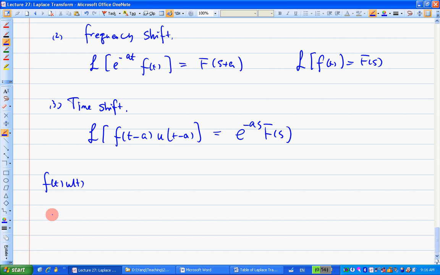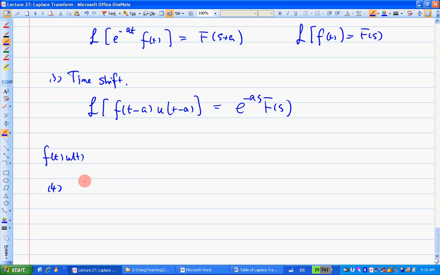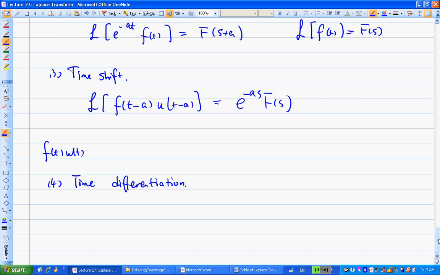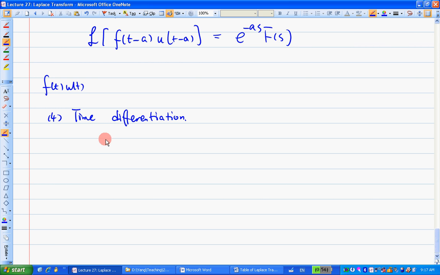Just bear with me. I'll write down one more property, or even two, just in case. This is actually the most important property that you'll use a lot. It's called time differentiation. For many of these properties, because of time constraints, I won't be able to show you the proof, so I would encourage you to go over the proof in the lecture notes.